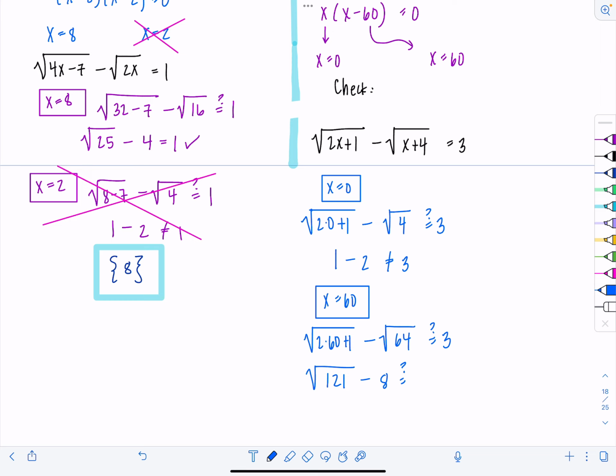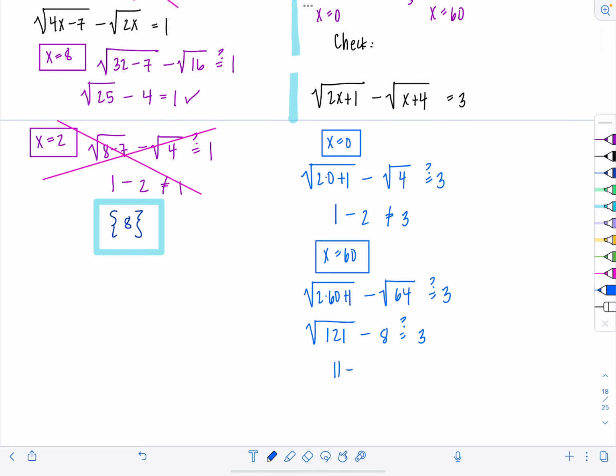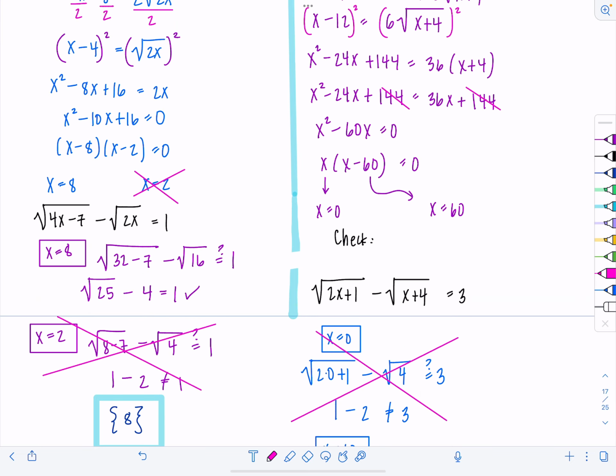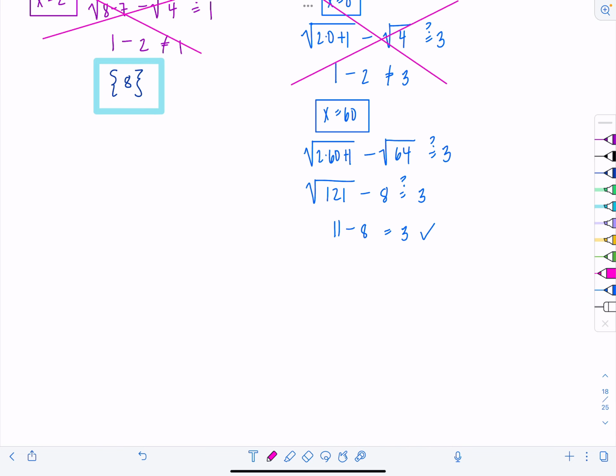Ooh, yes, right? Square root of 121, that's 11. Minus 8, that equals 3. Hooray! Okay, so 60 goes in the solution set. Oh, let me cross out everything that has to do with 0. Let's just put a nice solution set down here. The solution is 60.